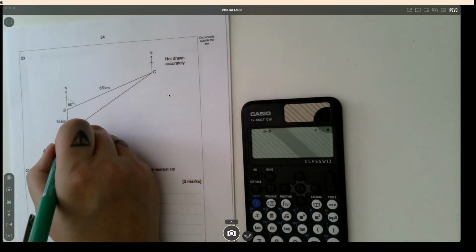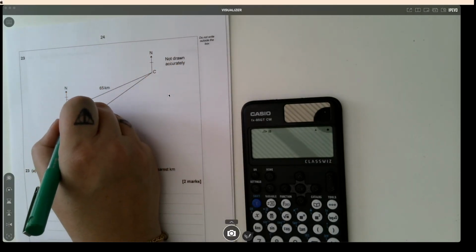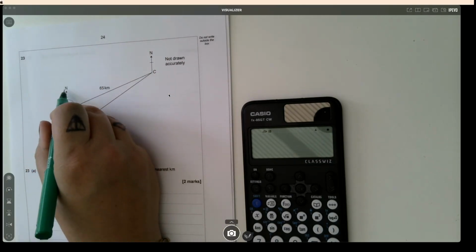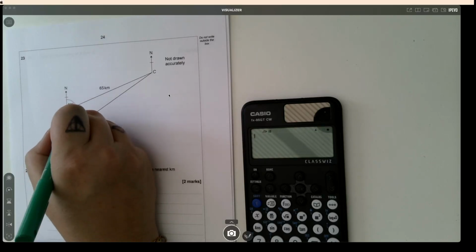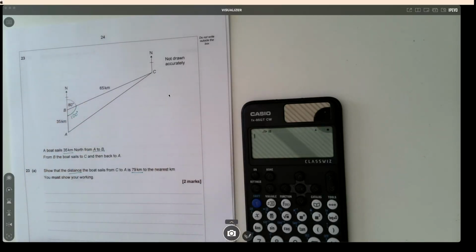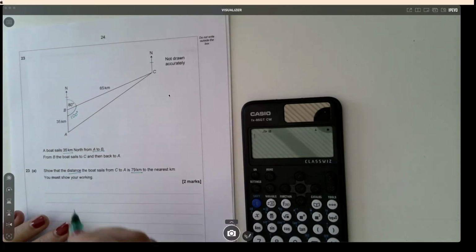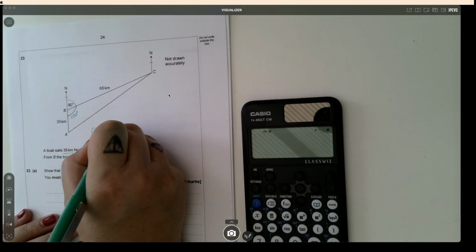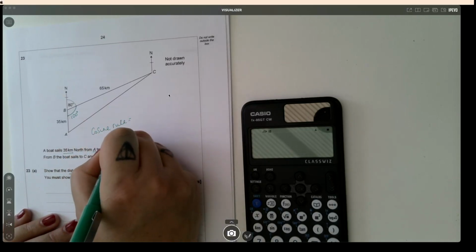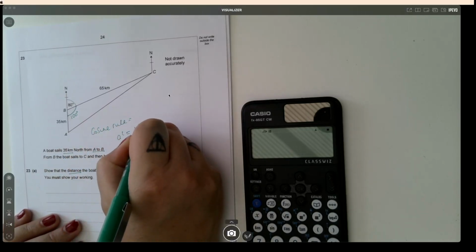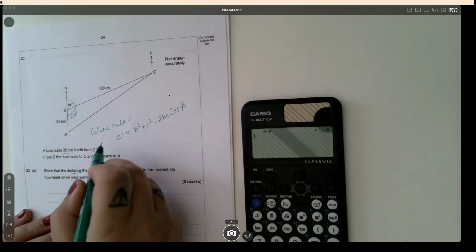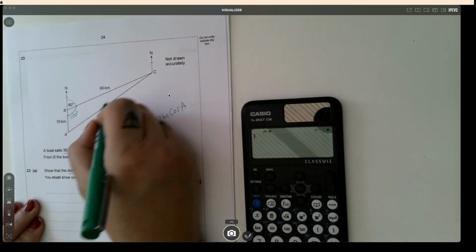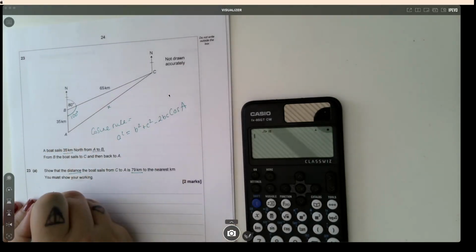Now I've got a triangle, and what I'm going to do is I'm going to find this angle here, because with that north line we've got a straight line. If this angle is 80, this one must be 100, because angles on a straight line add to 180 degrees. Now I'm going to use the cosine rule. So the cosine rule is a squared equals b squared plus c squared minus 2bc cos A. So A squared in this instance is going to be AC, the length that we're looking for.